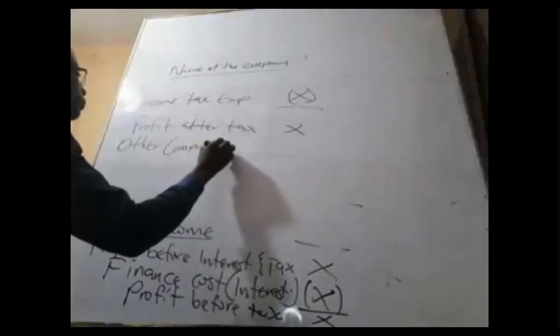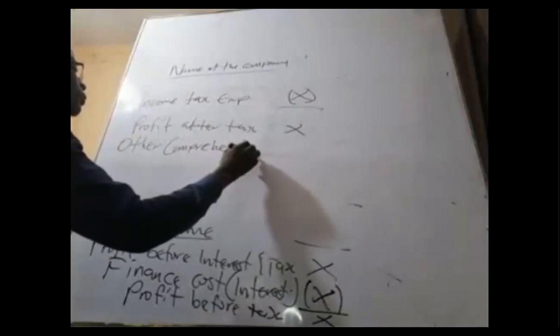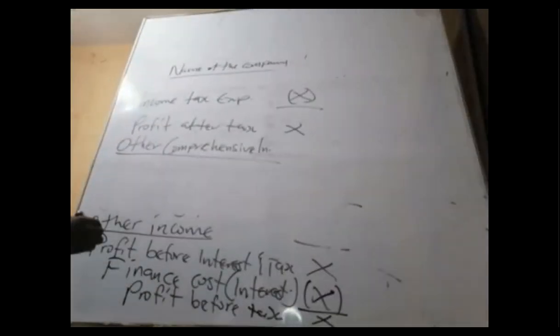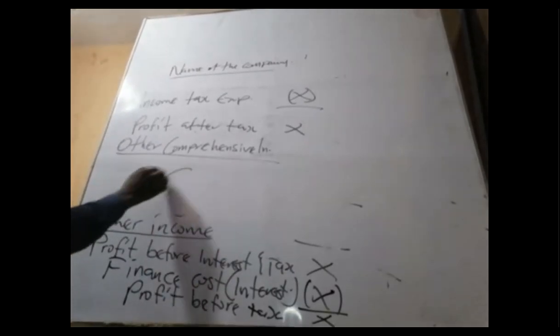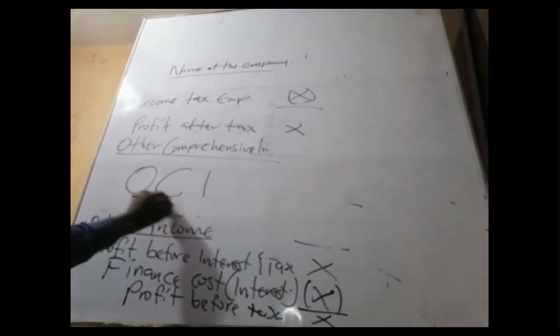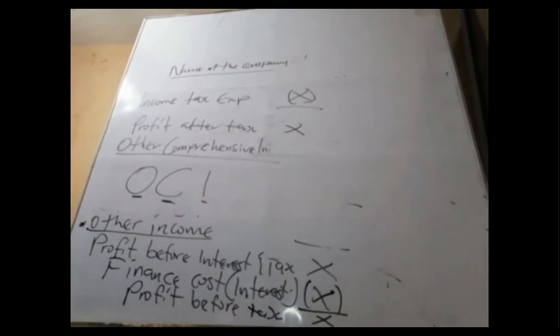Right from this angle, we are moving on. We have what you call other comprehensive income. We call it OCI. OCI, other comprehensive income.